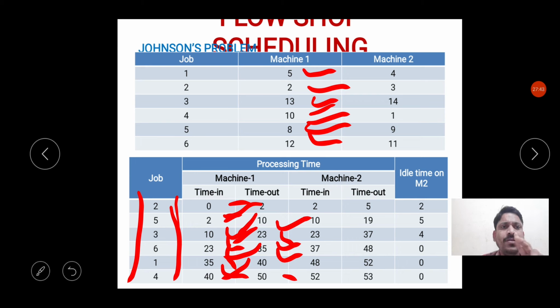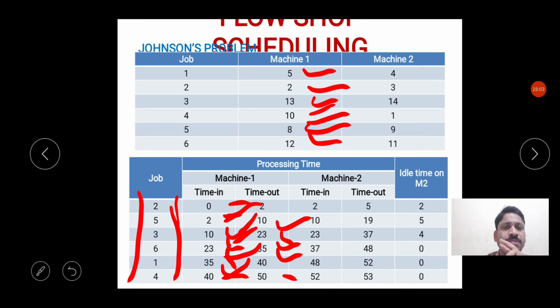One is when we have finished the present work, and whether the next job is already processed on the previous machine or not. We have to check that because a job comes to machine 2 only after finishing on machine 1.